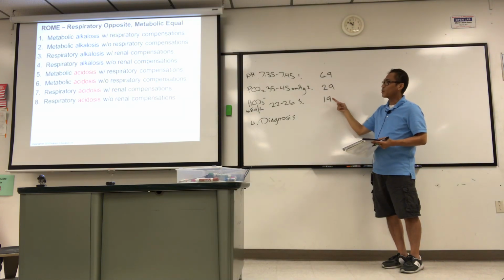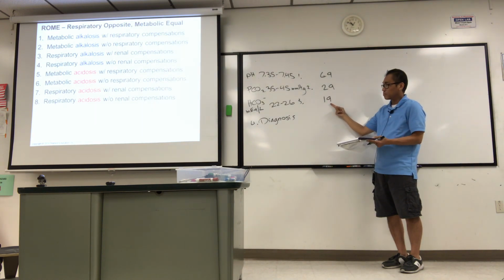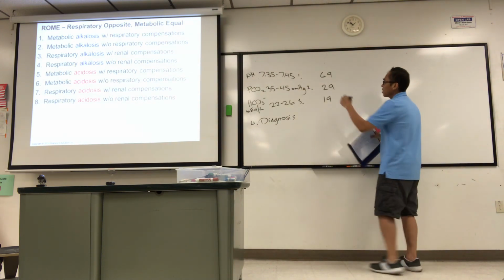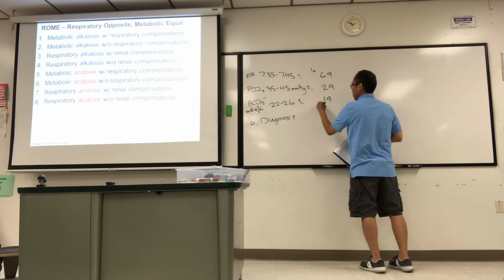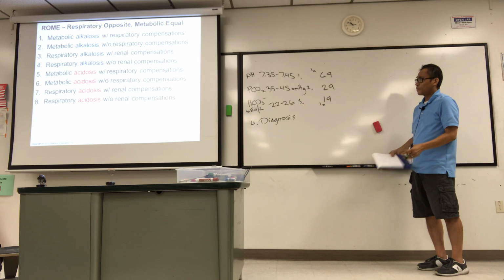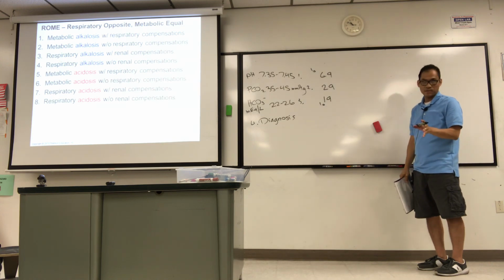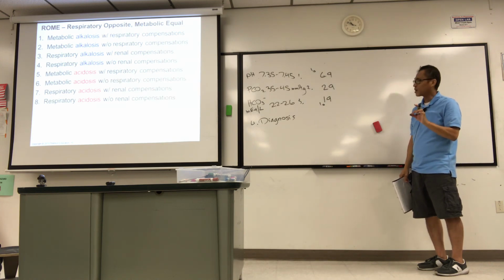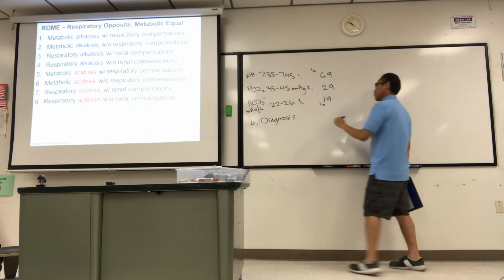So then go to the third value here, 19. That's low. Low, low. So what we learned was if you have low pH, low base, that's the cause. So it's a metabolic acidosis. So we can write that so far.